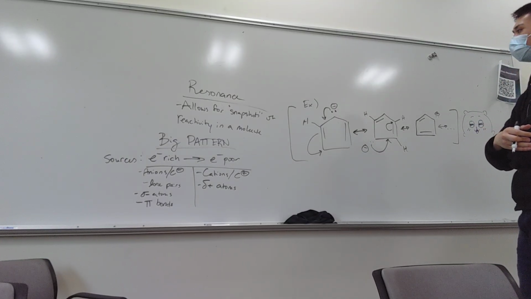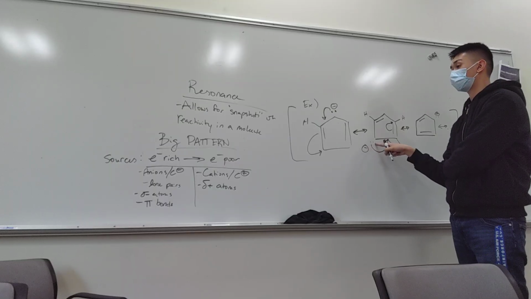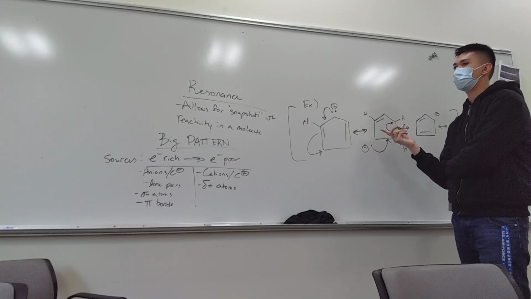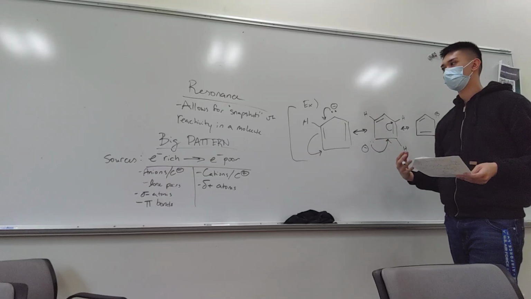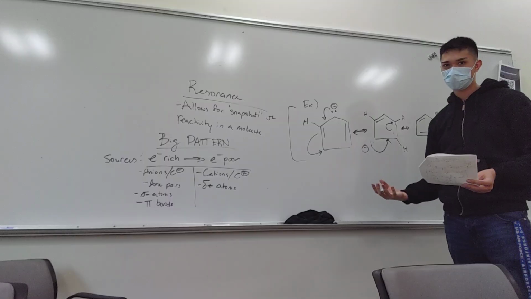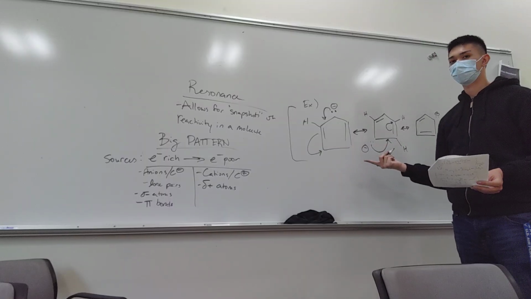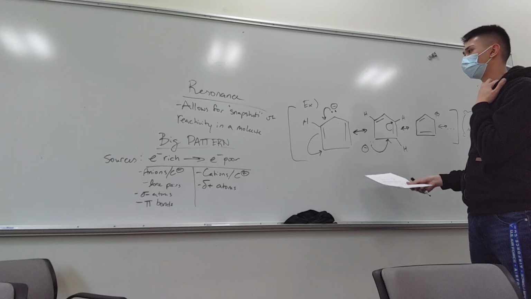So why can I do this? Why can't I put a lone pair on a carbon? Well, carbons may have an empty p orbital where it can hold the extra lone pair. Does it really want that? Not really, but it definitely can hold a lone pair, right? Carbons don't want lone pairs, they want to get rid of it.